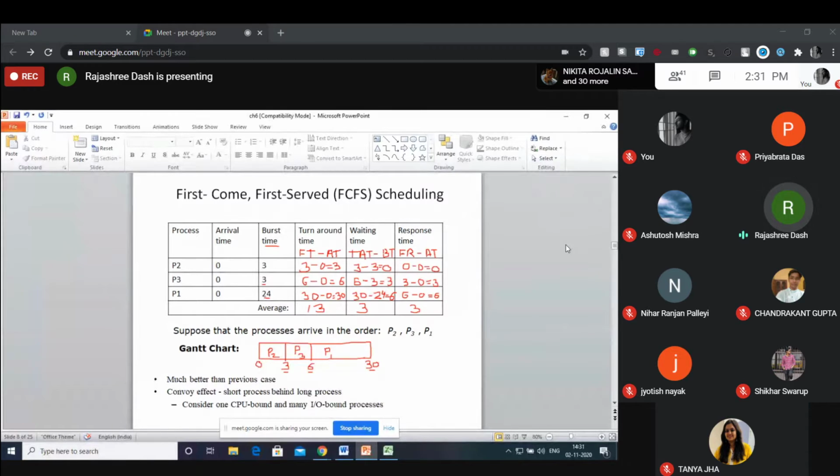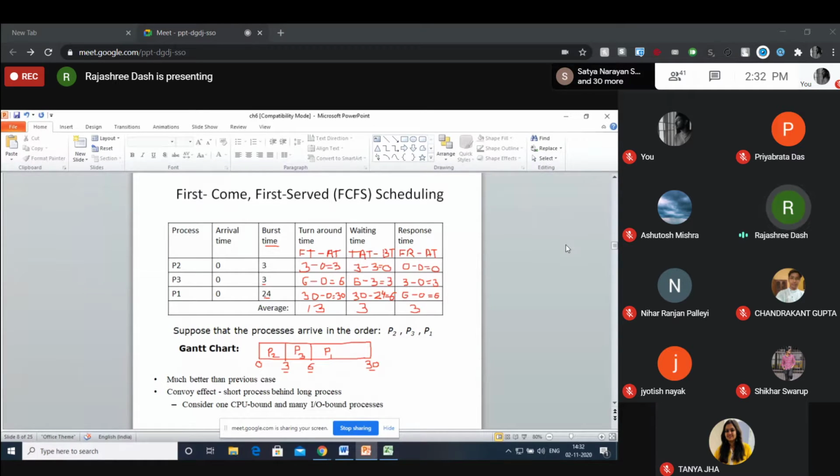Normally, the convoy effect results in lower CPU and device utilization. Let me explain once again. If one process has larger CPU burst time and there are a number of processes having smaller CPU burst time, you may consider the smaller ones as input-output bound processes and the larger one as a CPU bound process.